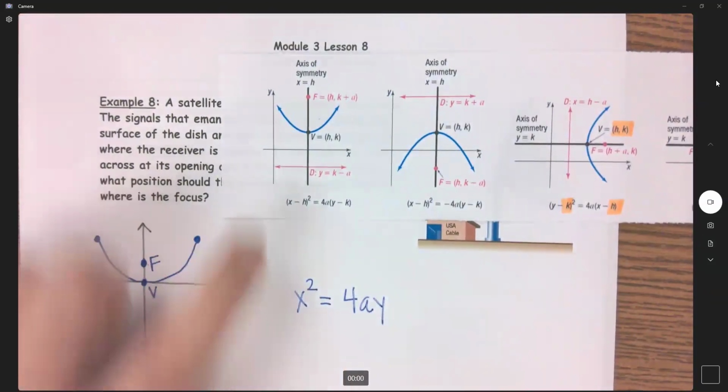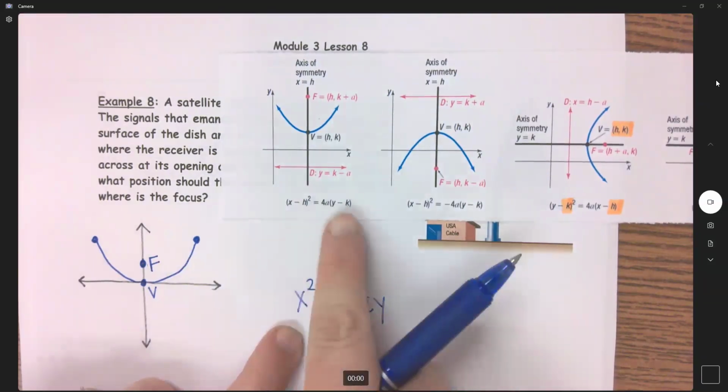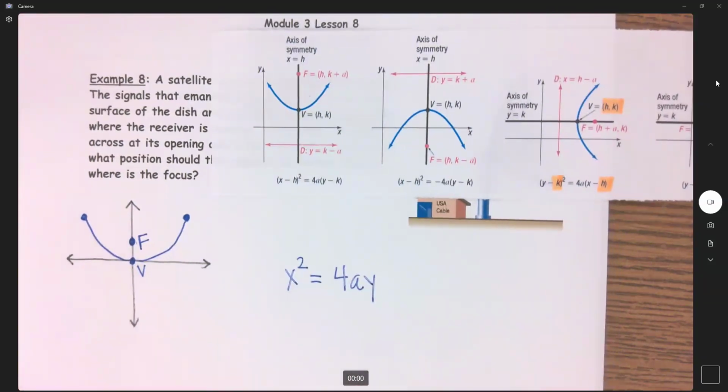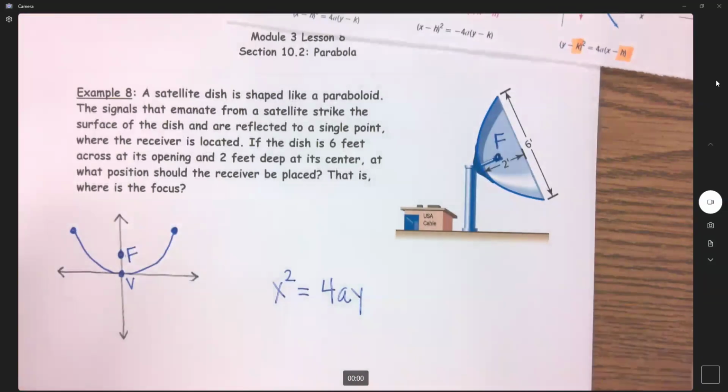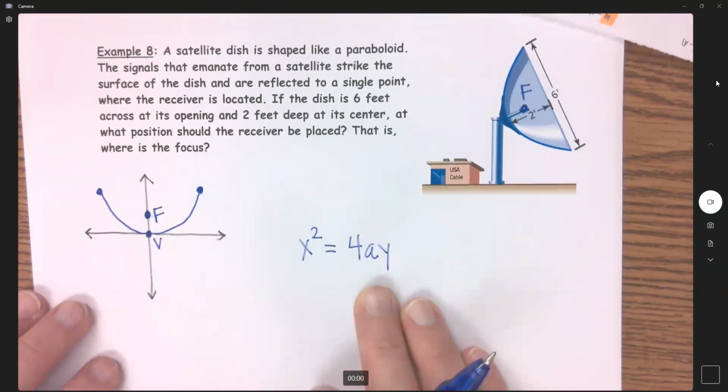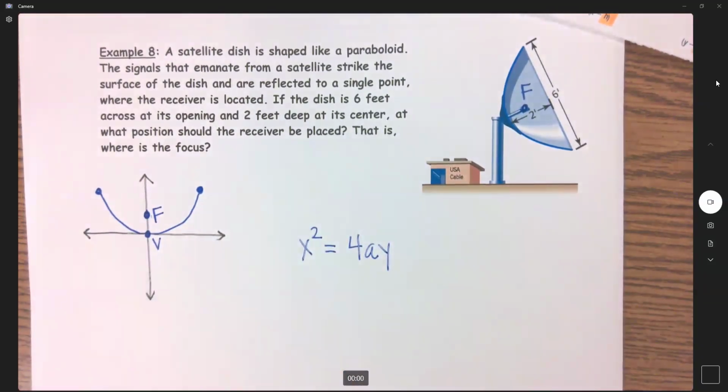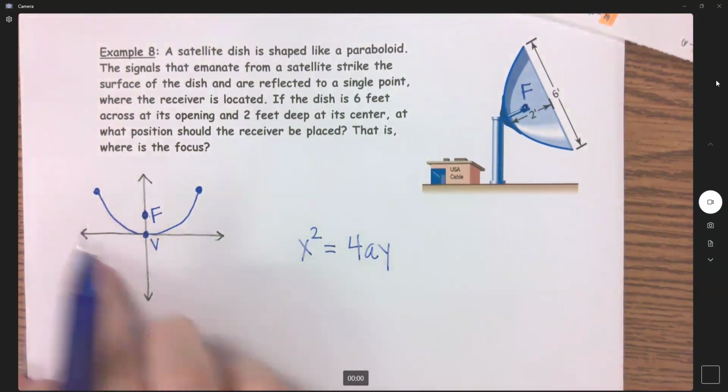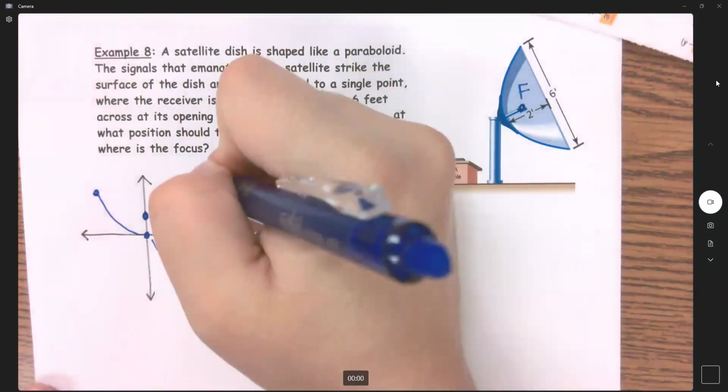So this version is this when I put in zeros for my h and k. Now, not a lot to go on because I don't know what that a is, and that's what we've been relying on for this. But what I do know is a point on this parabola.